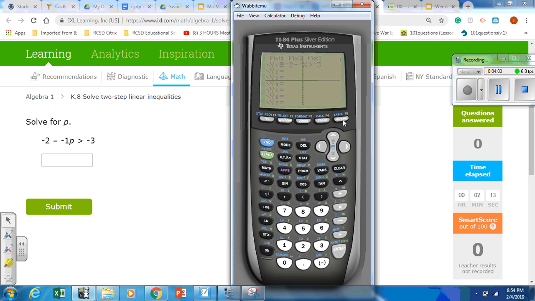My goal here is just to recognize that this area represents a greater than value. So it's greater than what? By looking at this, it looks like it's a little negative. So I'm assuming this is 0 and this is -1. How can I be sure? I'm going to use my second graph button.